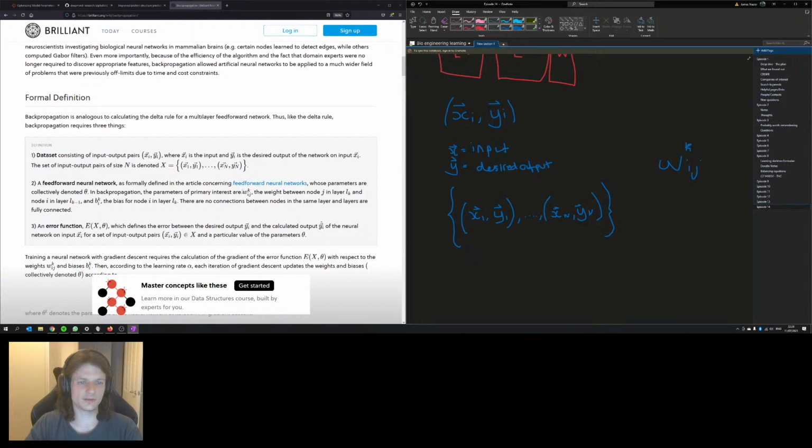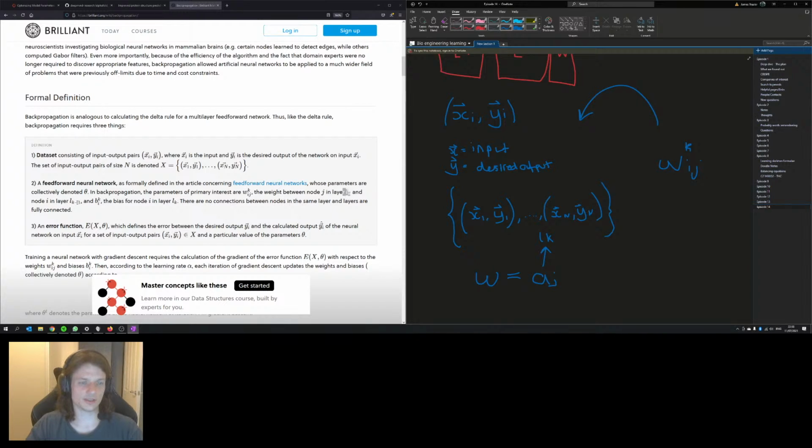In backpropagation, the parameters of primary interest are W, the weight between node j in layer k, so W is equal to the activation of j in layer k and node i in layer k minus 1, so that is going back one layer, the backpropagation.